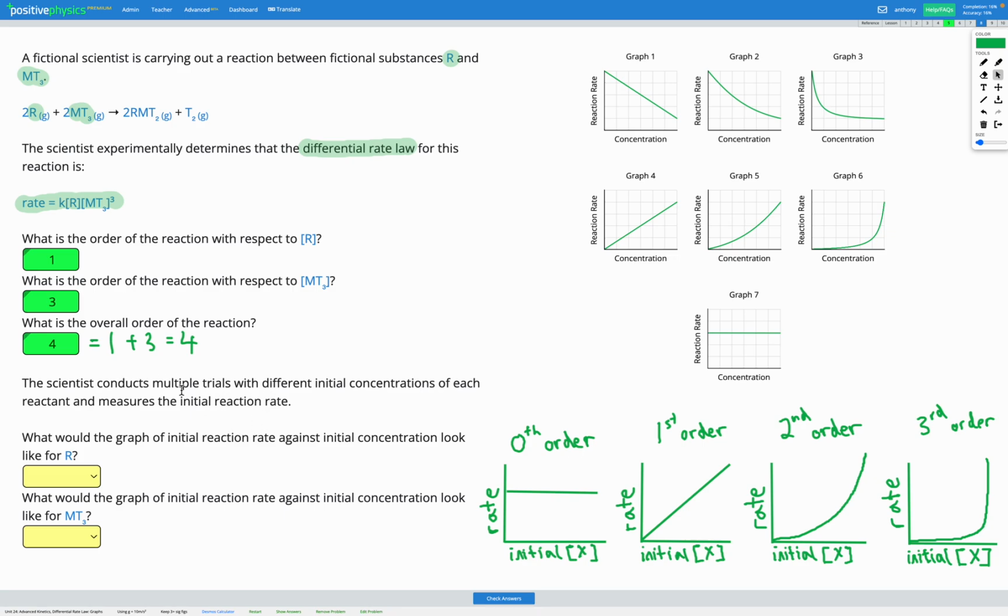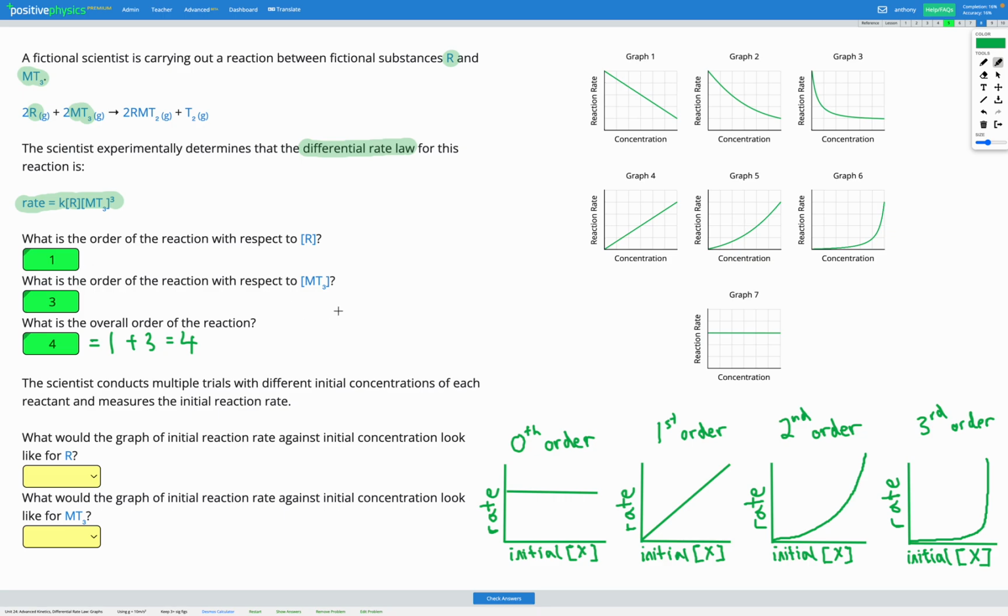Okay, so we're then told the scientist conducts multiple trials with different initial concentrations and measures the initial reaction rate. They're going to get a graph of rate of reaction with respect to the initial concentration for both R and MT3. We have to guess what those graphs are going to look like. So let's start with just R. R has an order of reaction of 1.